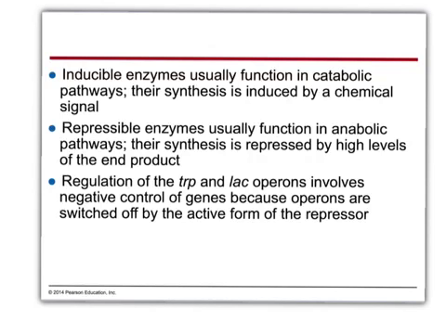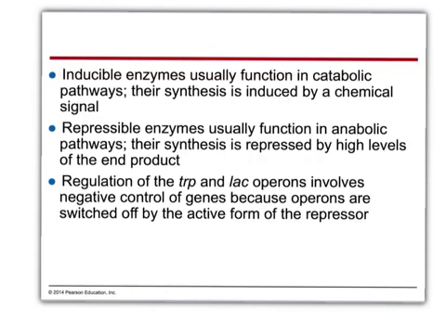Or too much. So they are usually repressed by high levels of the end product, and that's your feedback inhibition. You inhibit the enzymes within the synthesis pathway, because you have enough of this.